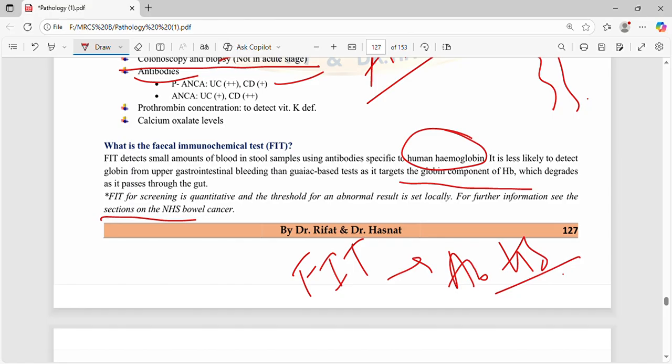It is less likely to detect globin from upper gastrointestinal bleeding than the guaiac-based test. When red blood cells from an upper GI bleed pass downwards, the globin component is destroyed. So the guaiac test will pick it up compared to the fecal immunochemical test.